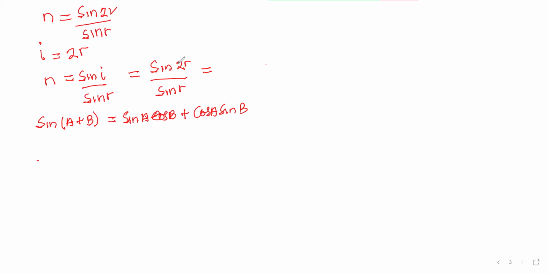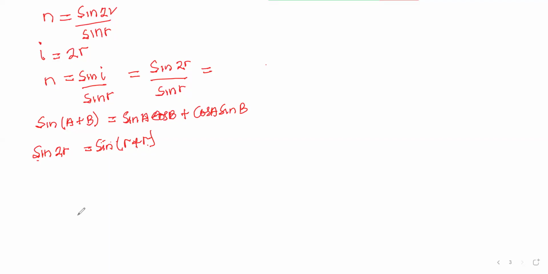What we have is a double angle. Sine 2R is the same as sine of R plus another R, true or false? Is that correct?